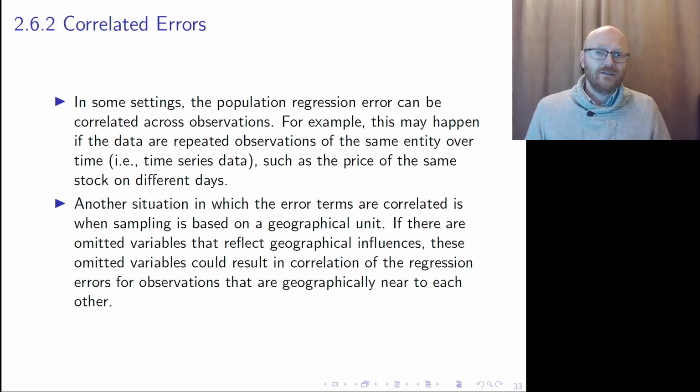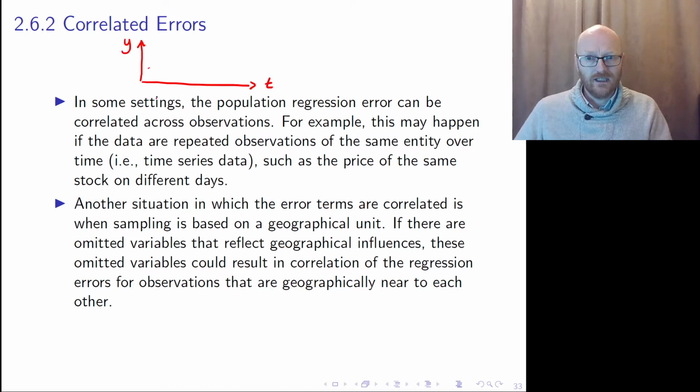Correlated errors can come about, for example, because we have a time series model in which we have time here and we have the y variable here, maybe a price or GDP or something else, and we observe this process over time. And very often, these models suffer from correlated errors.